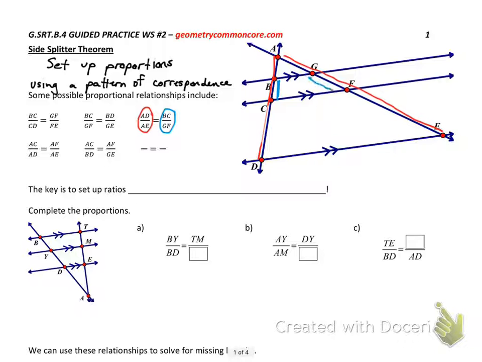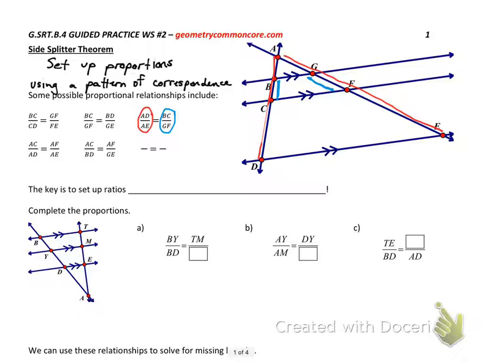So the actual lengths being compared don't matter. So we have the longest possible segment being compared to the shortest possible segments right here, or close to the shortest possible segments. And they are going to be proportional. This proportion will hold true because we still have that pattern of correspondence.